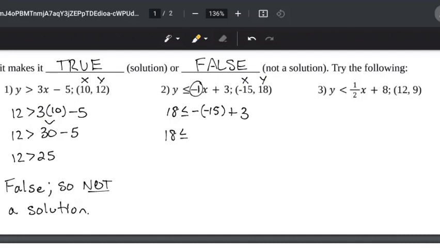So -1 times -15 is a positive 15. We get 18 is less than or equal to 18. It's not less than, but it is equal to. So this is true. So it is a solution.